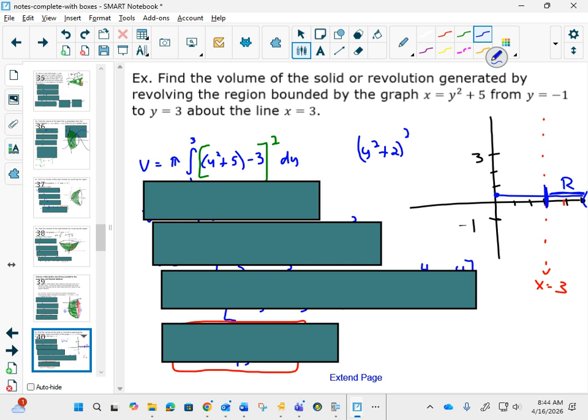We have to subtract the 3 because our rotation thing is closer to that parabola than the y-axis. So you'll notice that sometimes by rotating it around a new line, sometimes you're going to be adding the number if that made your radius bigger, and sometimes you're going to be subtracting that number if that makes your radius smaller.